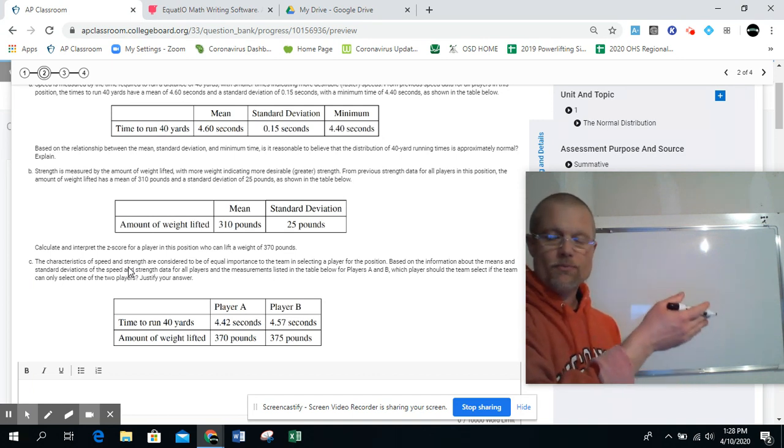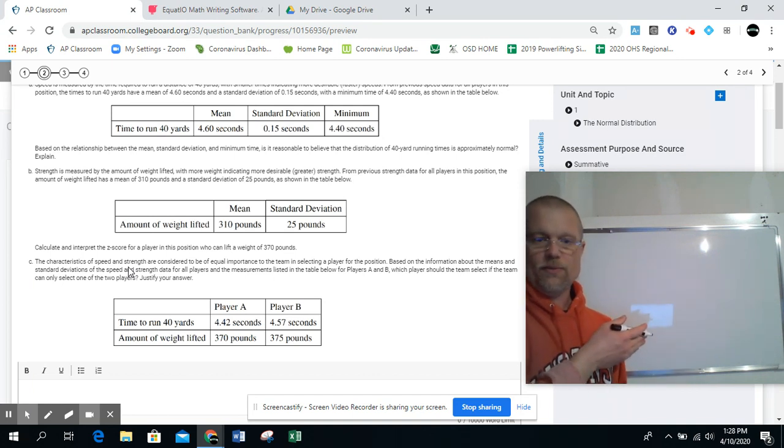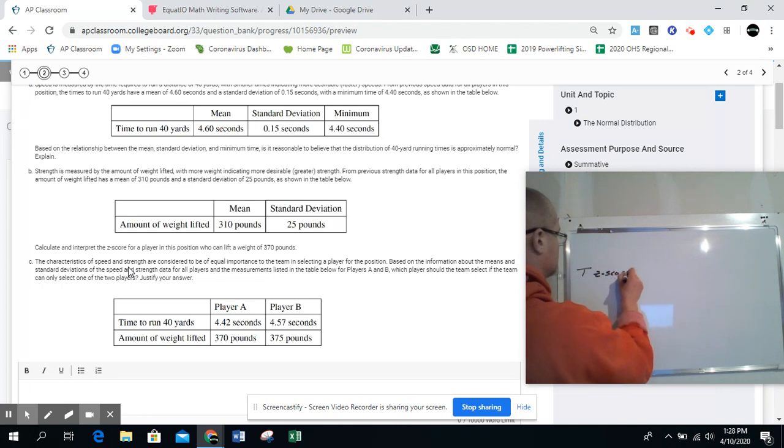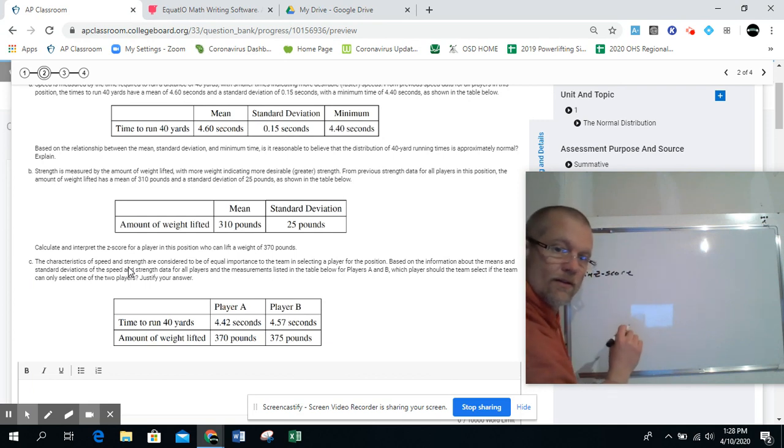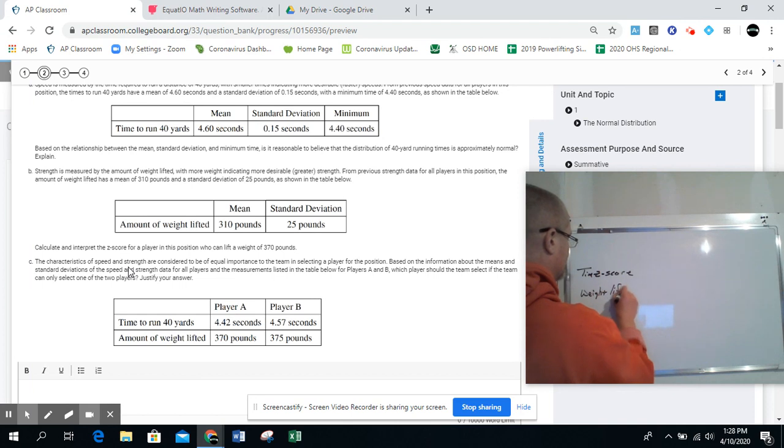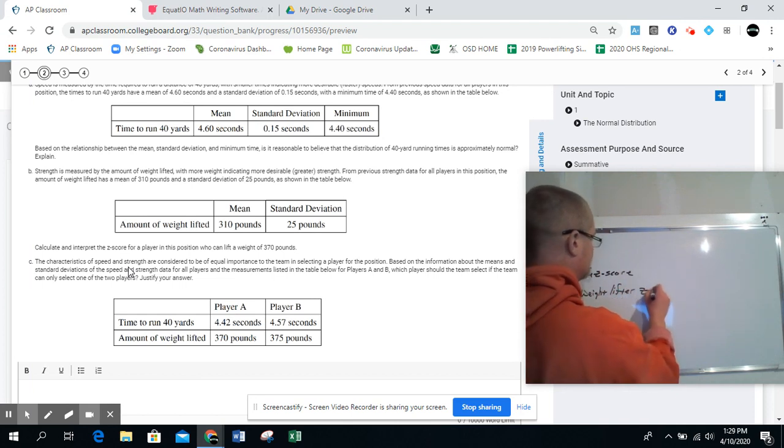So we want to come up with the z-scores for these pieces. That's really the only way you can do that. So time z-score and strength, weight lifted z-score.